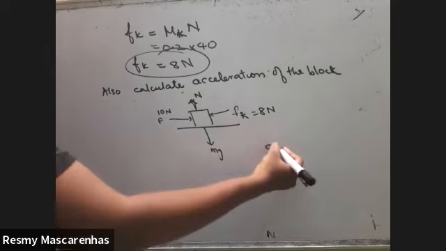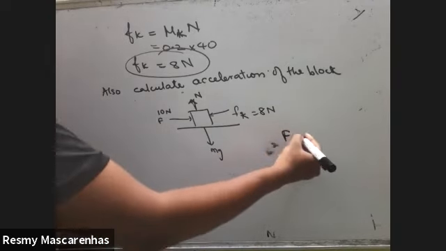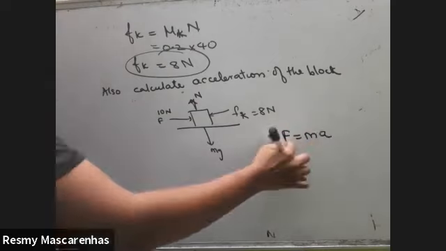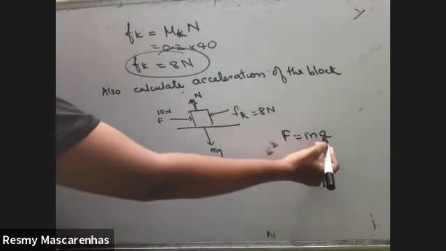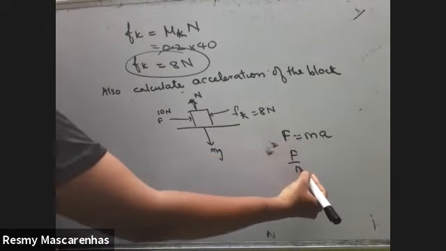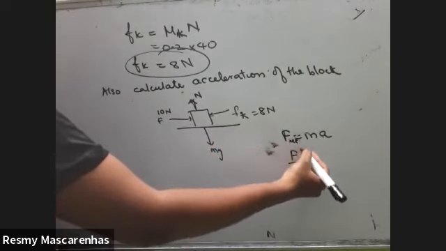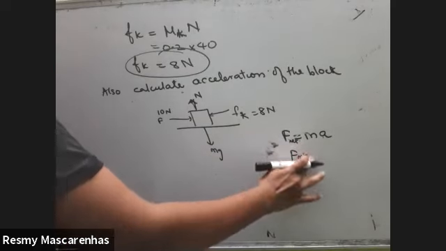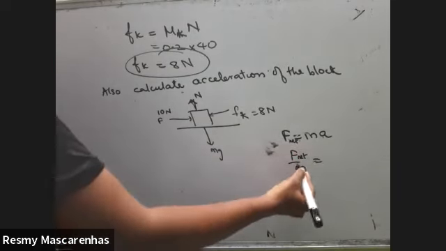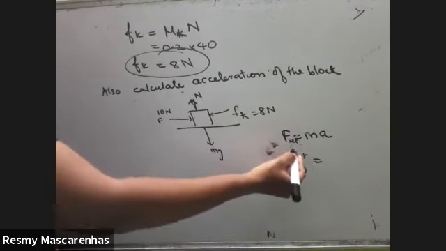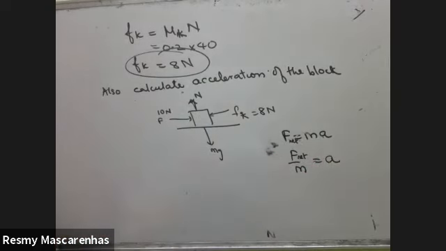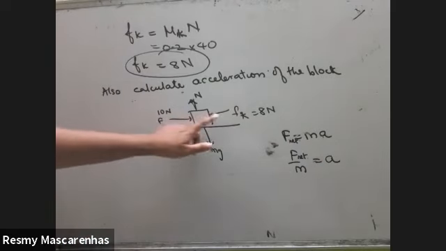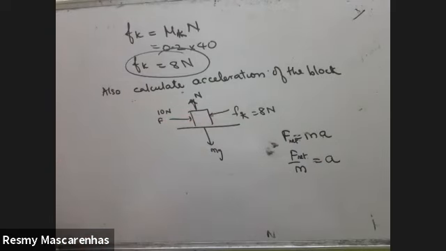Now acceleration, we know force is nothing but mass into acceleration. This formula everybody knows. So acceleration is nothing but force upon mass, and this is your net force. We have already written this in the previous class. Anytime you want to find acceleration, it's the total force upon your mass.